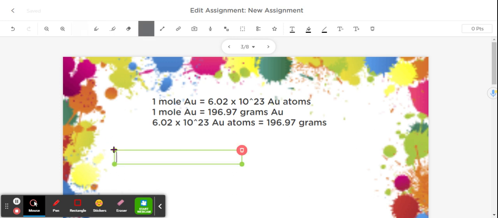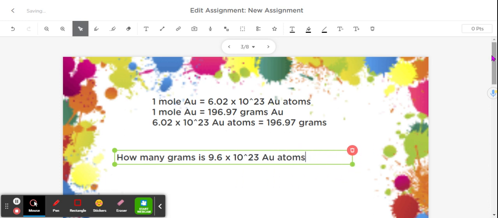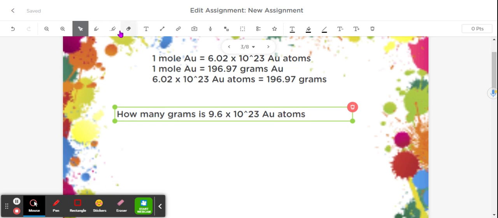What if I ask how many grams is 9.6 times 10 to the 23rd gold atoms? So I'm going to draw my truth table.